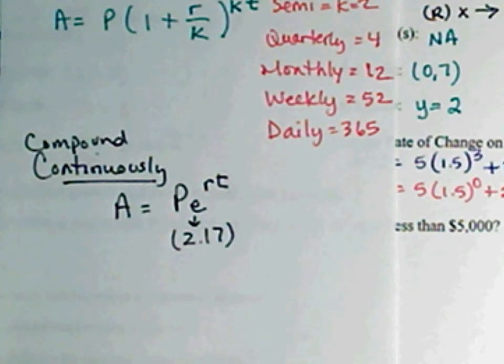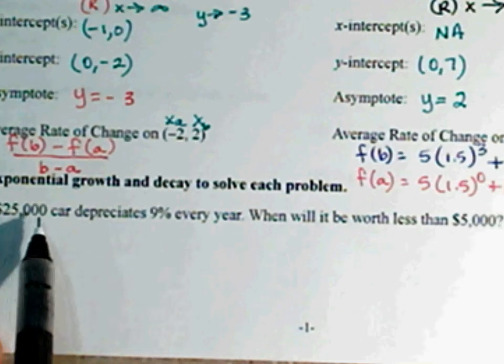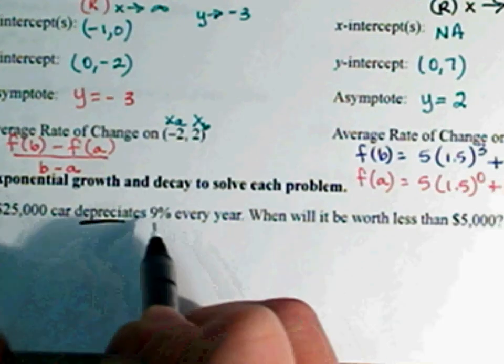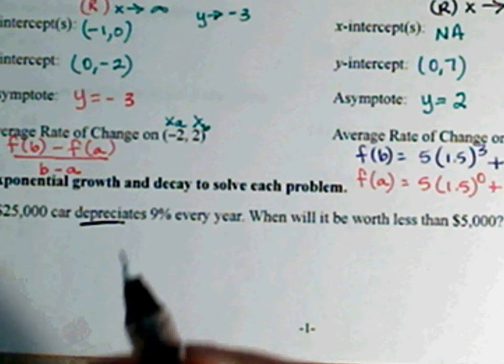All right, let's look at number 3. It says, a $25,000 car depreciates 9% every year. Now, notice it doesn't say anything about the word compound, right? So what formula are you going to use? A equals P times (1 plus r) raised to the t.